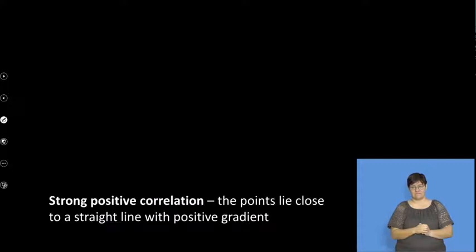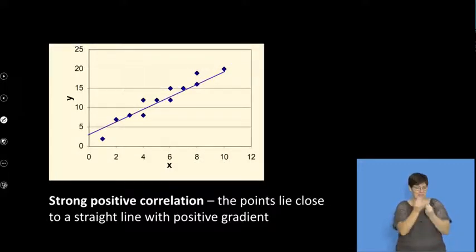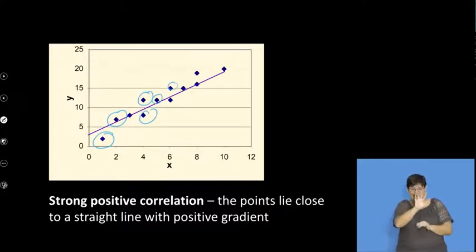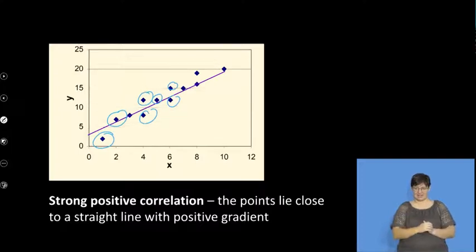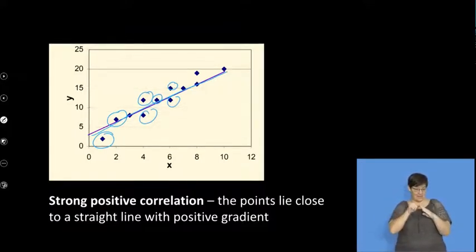So let's see what that is. Something like this. So there we have our points. You can see our points there. But if we draw a straight line, which we have there, our points are scattered close to the straight line. Are we together?